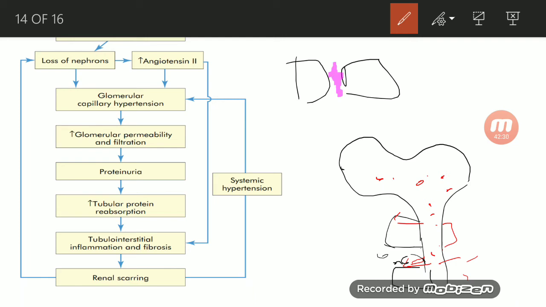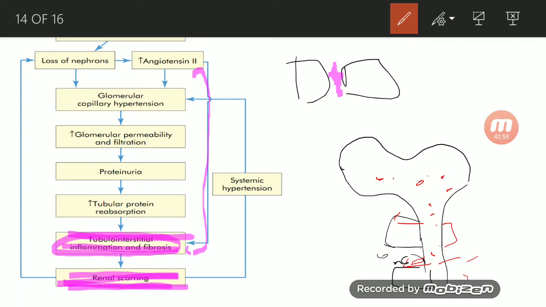This accumulation of your proteins within your interstitial space will lead to tubulointerstitial inflammation and fibrosis. Along with that, angiotensin 2 can directly lead to interstitial inflammation and fibrosis as well. Whenever inflammation and fibrosis take place, you have renal scarring.